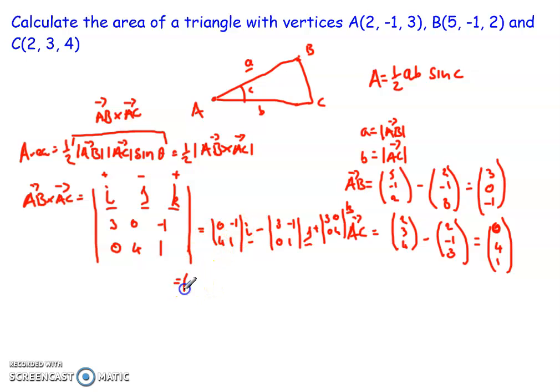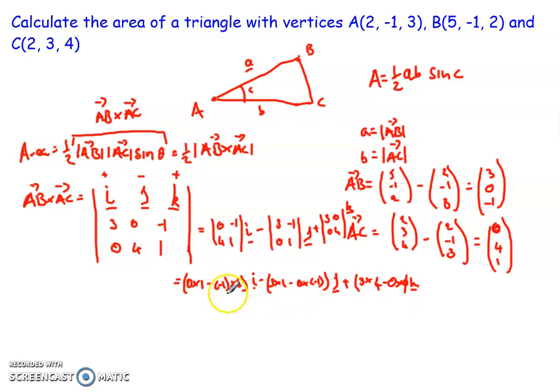So what I now do is calculate each of these sets of components. For this one, I've got 0 times 1, take away negative 1 times 4 in the i direction. I've then got take away 3 times 1, take away 0 times negative 1 in the j direction. And I've then got plus 3 times 4, take away 0 times 0 in the k direction.